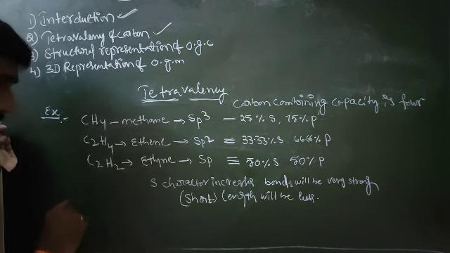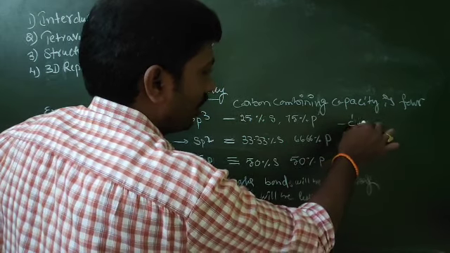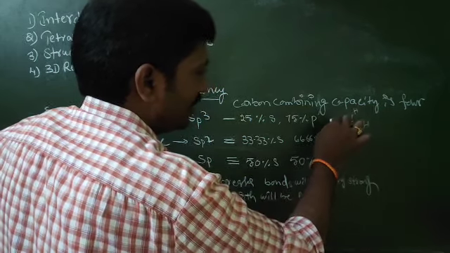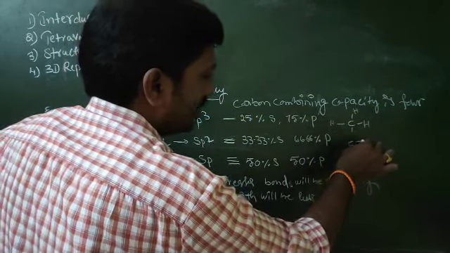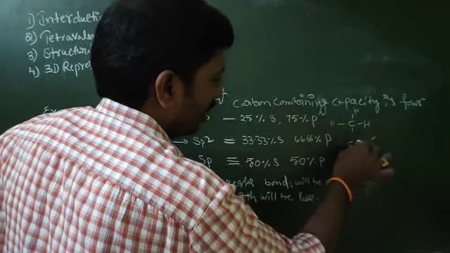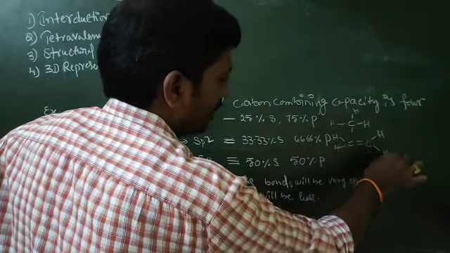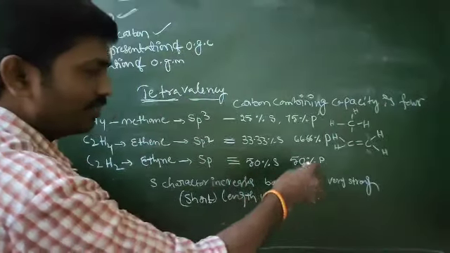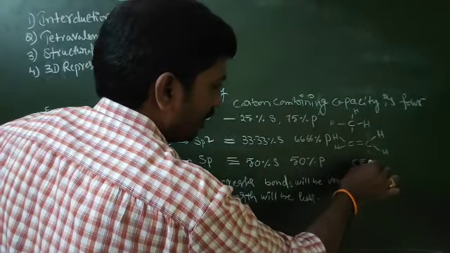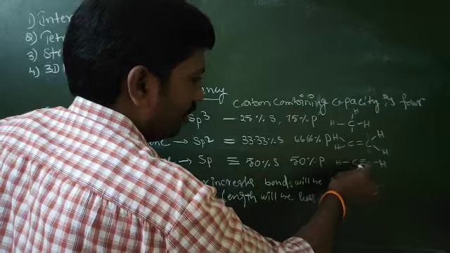For the carbon structures, I will write here CH4 like this, all single bonds. Here C double bond C like this is the structure for C2H4. This one has a triple bond with one hydrogen on each carbon. This is a linear shape.